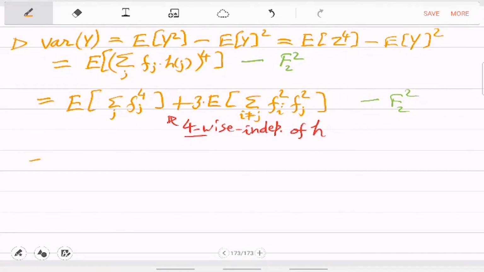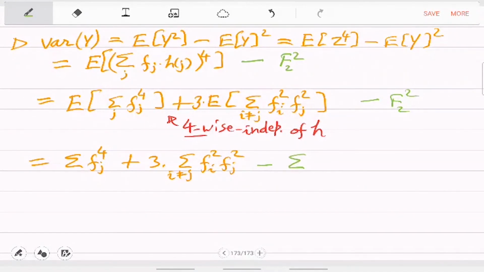So this is equal to, I mean, we can take out expectation because these things are actually fixed, right? So you have sigma fj to the 4, then 3 sigma fi square fj square, minus the green term, which is what?